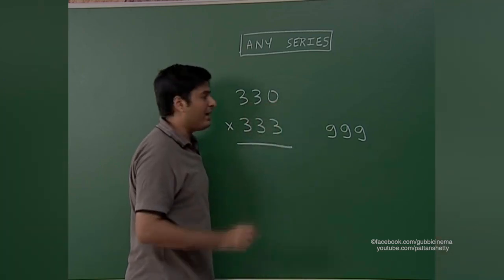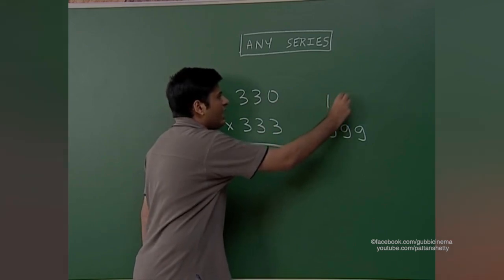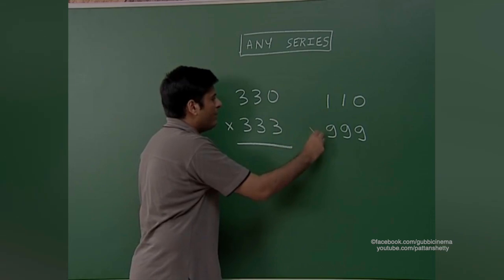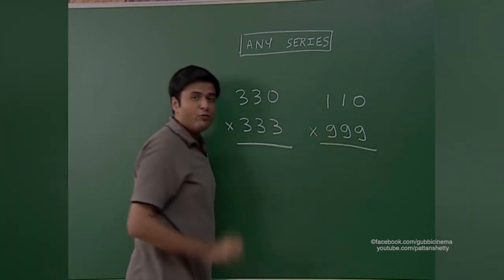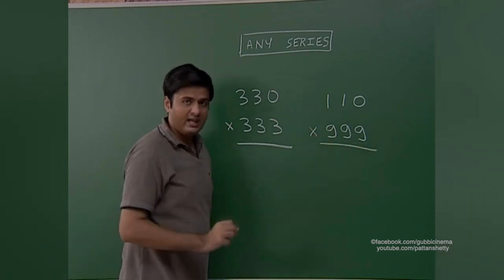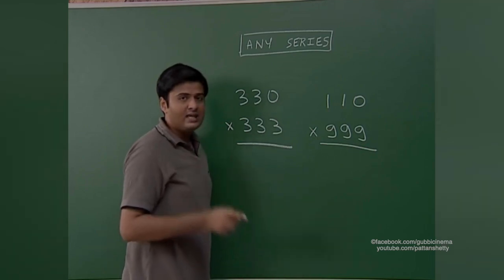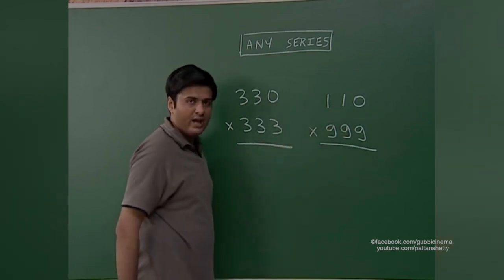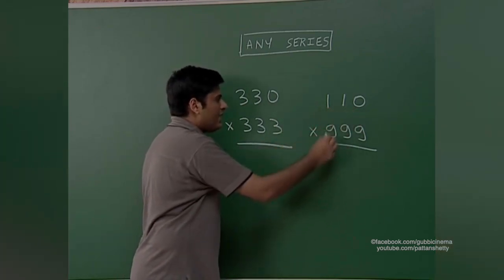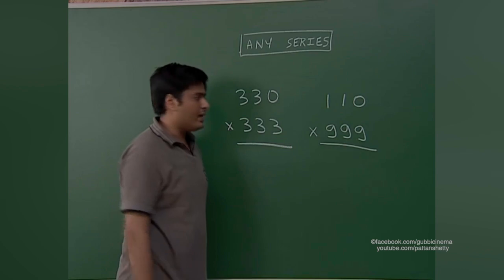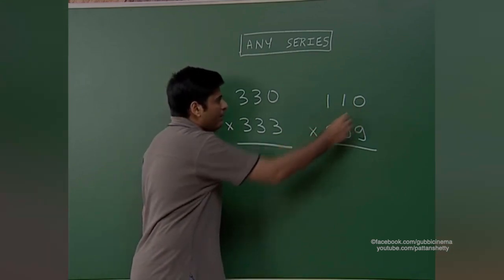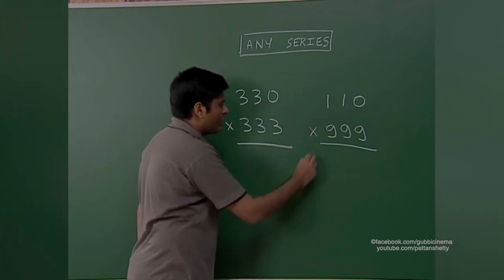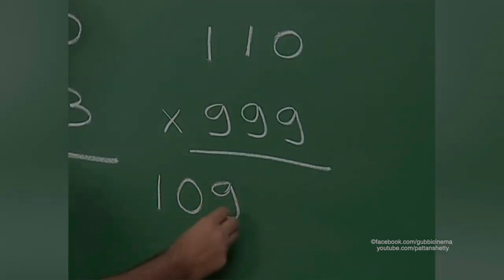330 divided by 3 would give me 110. Now, let us multiply these two numbers using the technique of multiplication with a series of 9. We have already seen that case A, where there are equal number of digits and equal number of 9s. There are 3 numbers and 3 9s. The technique is very simple. From this number you subtract 1 and write down. 110 minus 1 would give me 109.